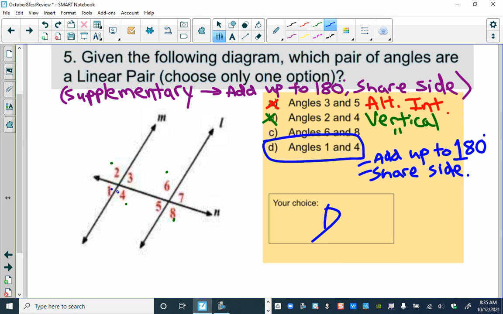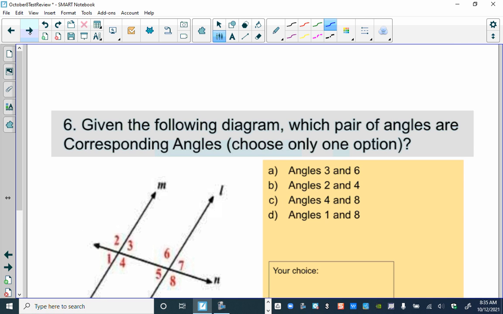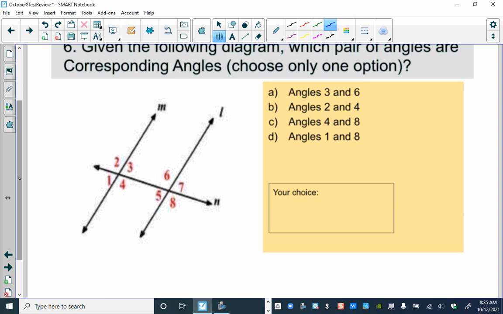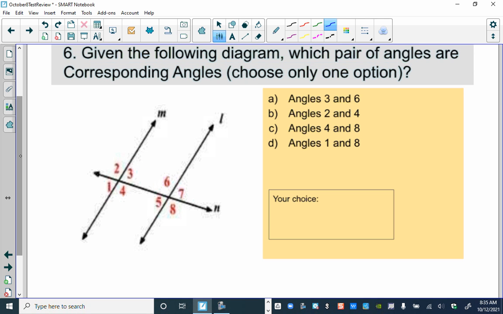But if you understand these, you will do well. All right. Last one. Corresponding angles. Which option would be the corresponding angle? Who could tell us? Remember, the corresponding angle is in the same spot, the same spot of intersection.